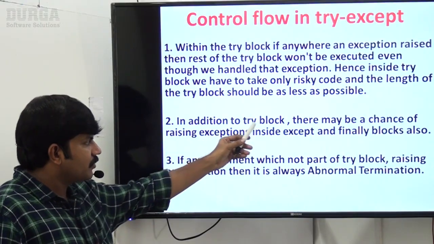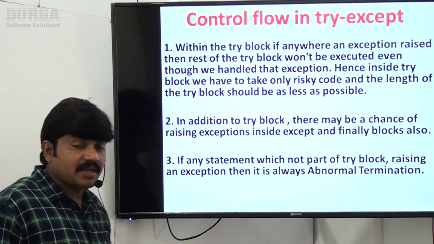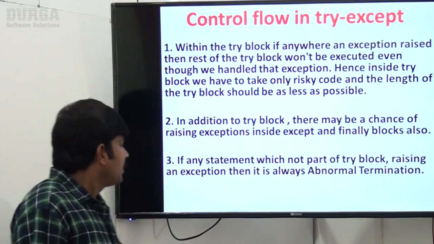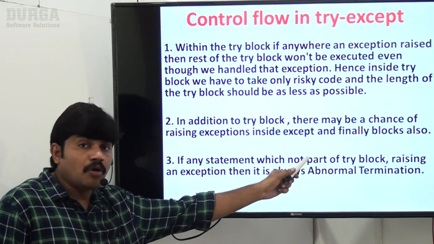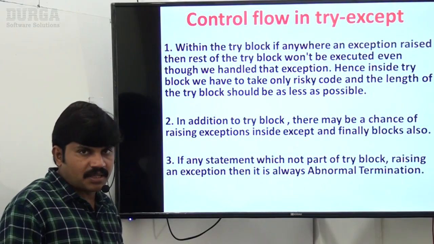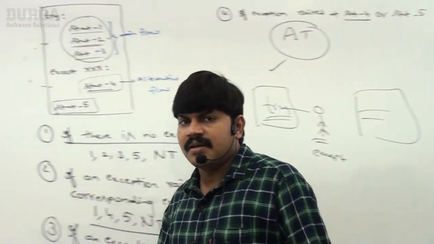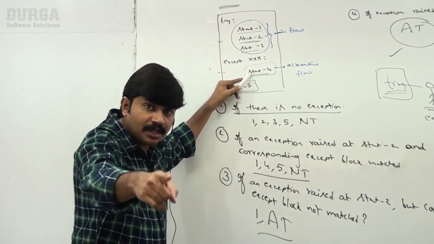Next, in addition to the try block, there may be a chance of raising exceptions inside except and finally blocks also. Don't feel exceptions can be raised only in the try block. Next, if any statement which is not part of the try block, outside of the try block, raises an exception, then it is always abnormal termination. Then immediately you may ask, sir, inside the except block, if an exception is raised, you are telling abnormal termination.